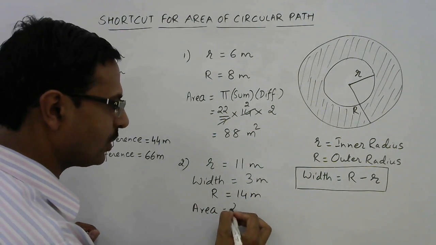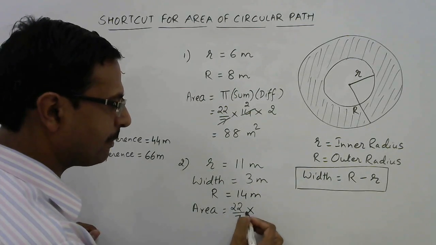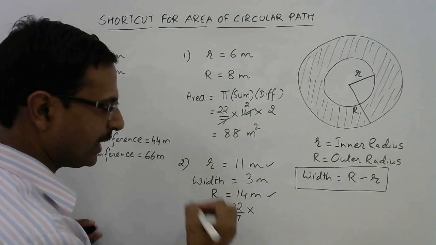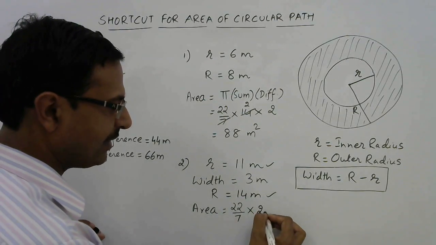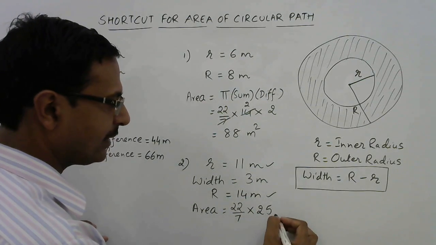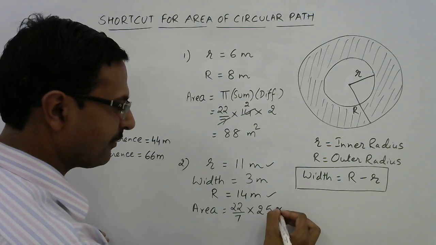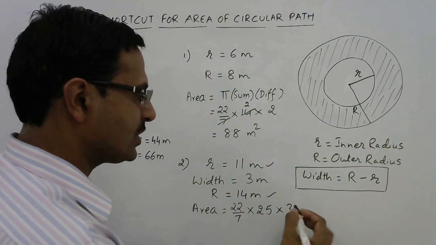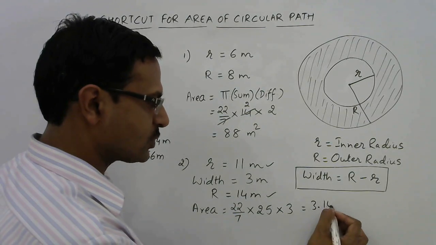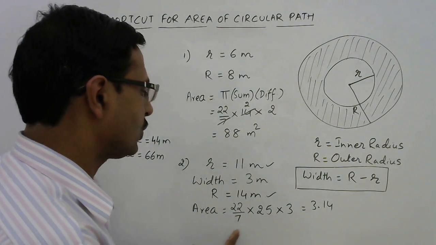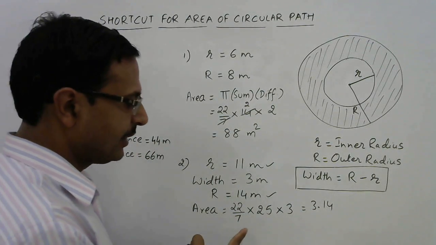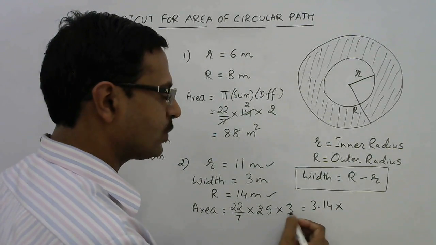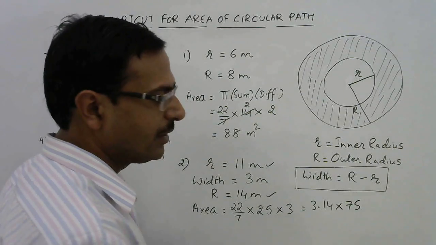Pi into the sum of these two, that is 11 plus 14, it is 25, and the difference is 14 minus 11, which is 3. You just need to multiply by 3.14 because 7 is not cancelling here. So write 22 by 7 as 3.14 and multiply it by 25 into 3, 75, to get the final answer.